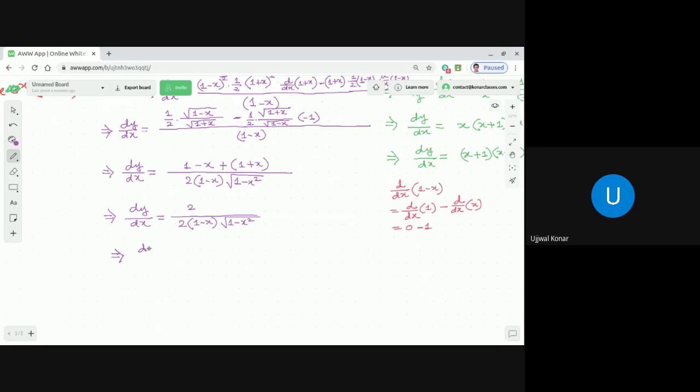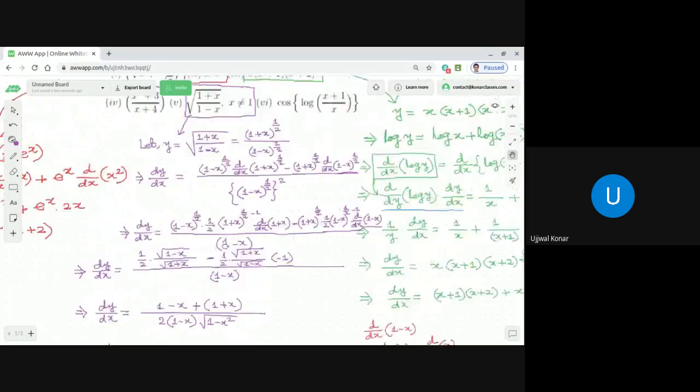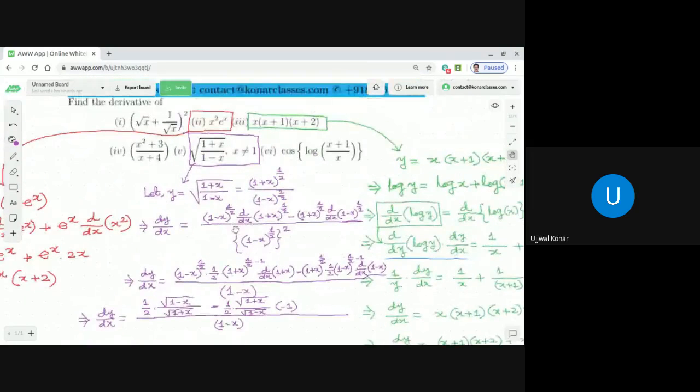So from here, what we get is dy dx is equal to 1 by 1 minus x into square root of 1 minus x square. My statement especially to Devanshu: Devanshu, you said actually the reciprocal of whatever I have found, right? Now you can look back and have a look at where things went wrong.